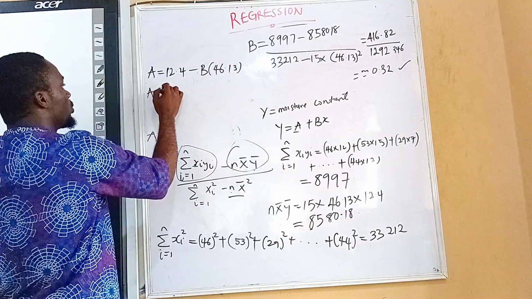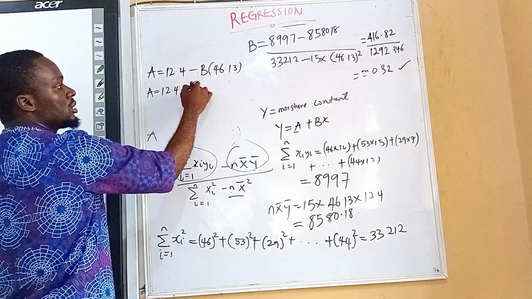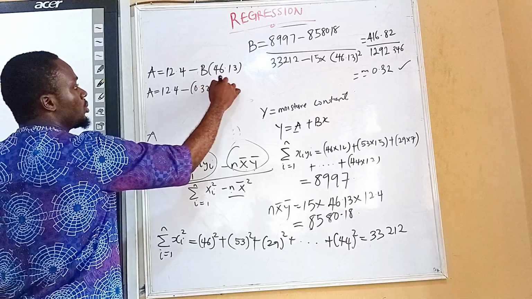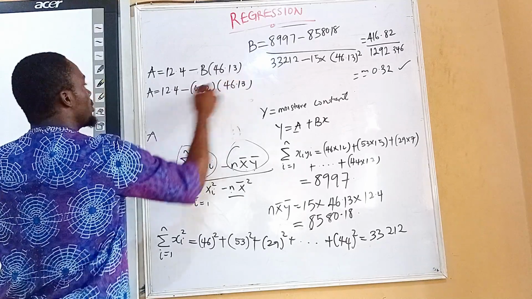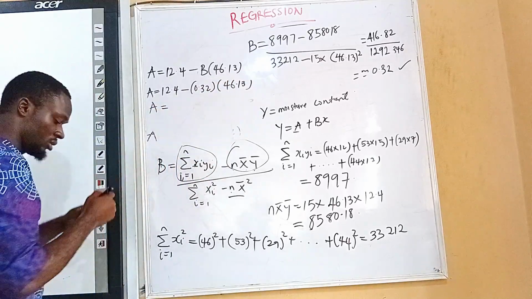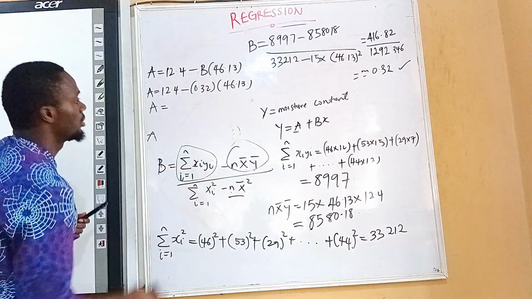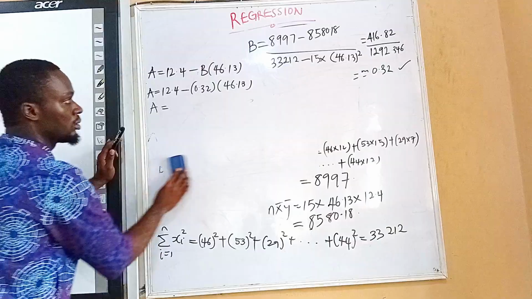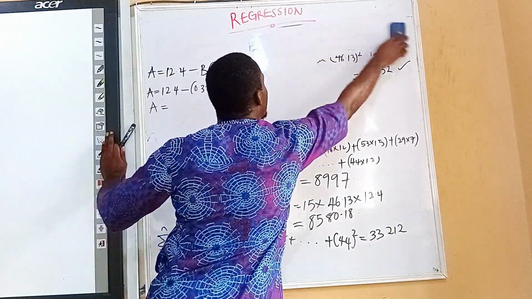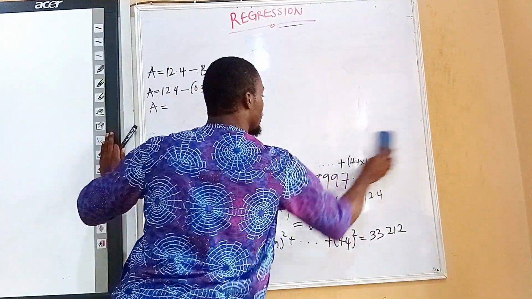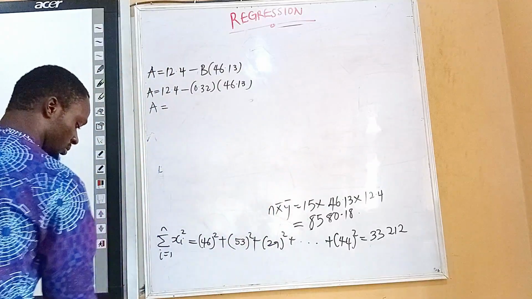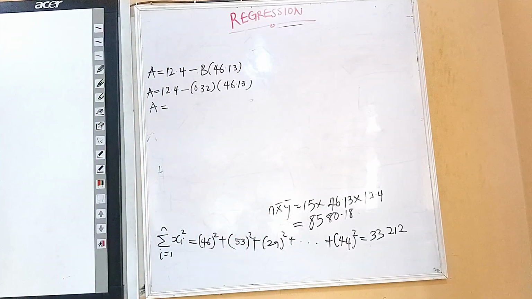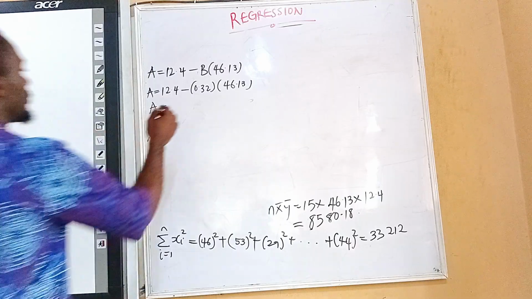So our A will now be, replacing our B with 0.32, equal to minus 2.36.